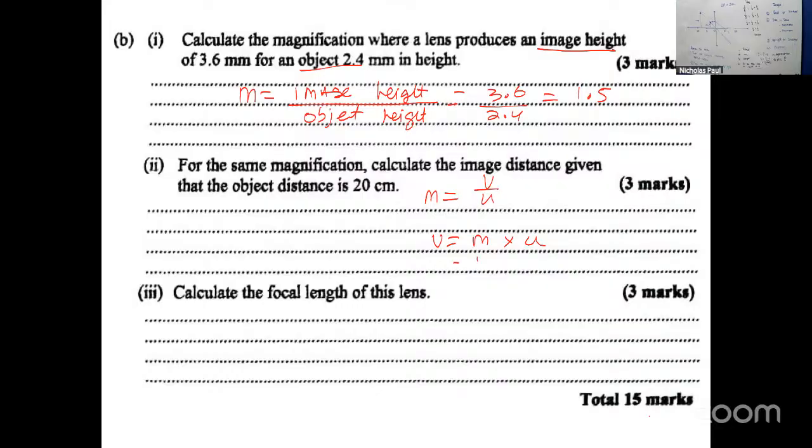Right, so I got 1.5 multiplied by 20. Right, I got 30 centimeters. How are we gonna find focal length? 1 over f equals to what? 1 over u plus 1 over v. Nice.